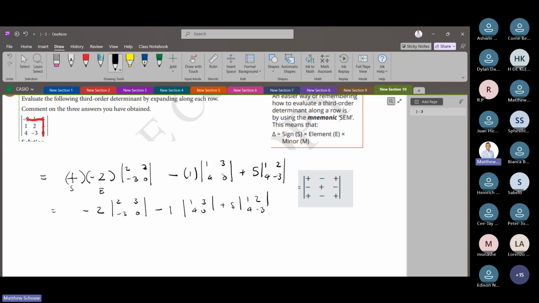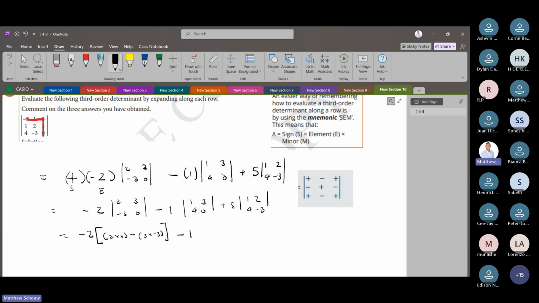What we must do now is find the determinant. If you remember, it's -2, and open that bracket. How does the determinant go again? It's 2 times 0, minus 3 times -3. Close bracket, that's the first.